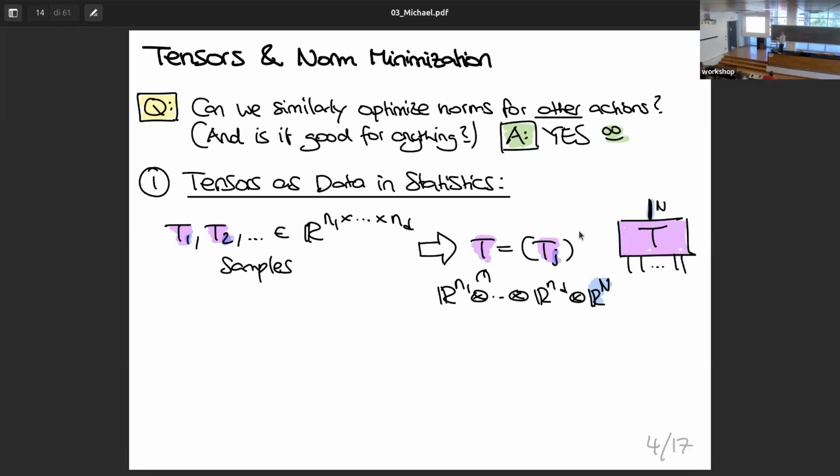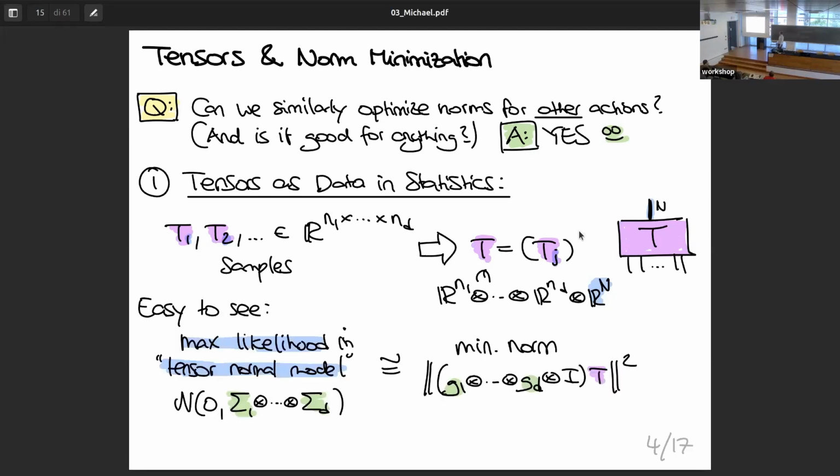I wrote R here just because folks like real Gaussians, but it doesn't matter at all for the discussion. You can think of this tuple of tensors also as a tensor with one more index, and that additional index carries the index into your data set, or into your samples. But you will never act there. So it's just a proxy, but you can think of it as a single tensor, or as a tuple of tensors one rank lower.